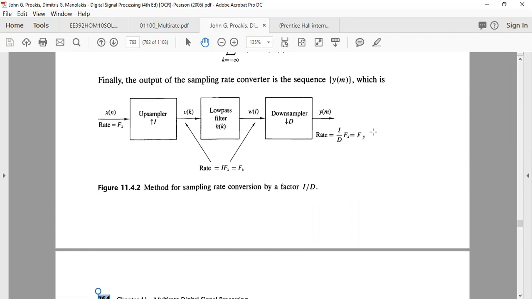Or the other way, rather than omitting, if you don't have an upsampler, just let I be 1, so it becomes 1 upon d multiplied by f of x is equal to f of y for a downsampler. For an upsampler, we assume the downsampler is 1, so the output becomes I f of x is equal to f of y. That's the basic theory that you need to understand.